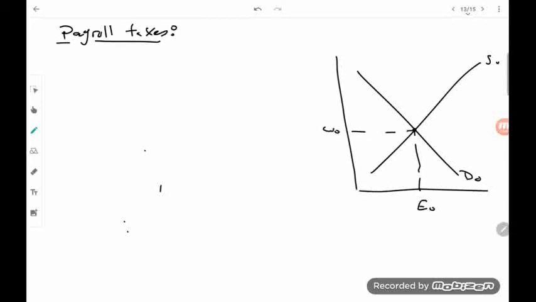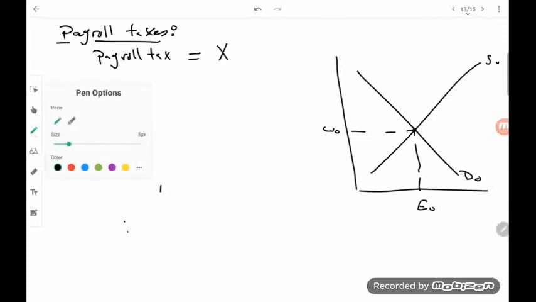Now the government is going to impose, for example, a lump sum tax, not a percentage, which is equivalent to X. So this will cause a shift of demand for labor to the left, and this is like an additional cost to the firm.